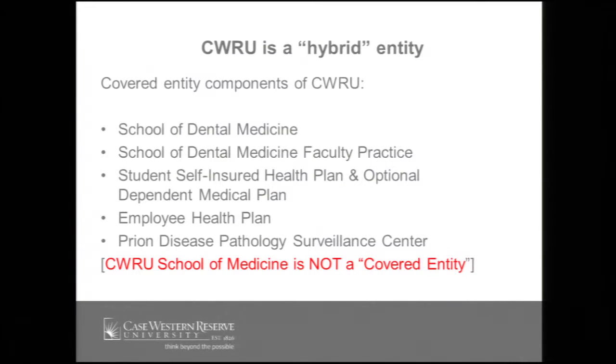As a hybrid entity, looking at the university as a whole, we're in an interesting position because some of our covered entities, some of the designated healthcare components, provide direct patient treatment, like the dental school, whereas others, like the employee health plan or student health plan, provide health coverage.